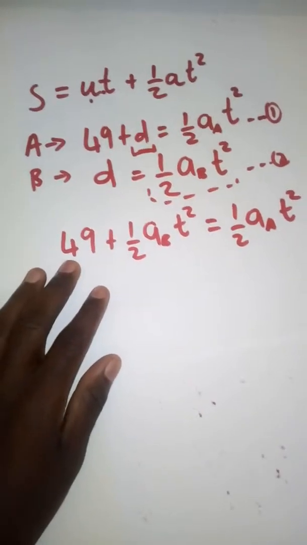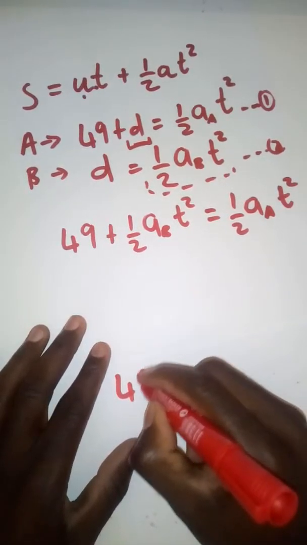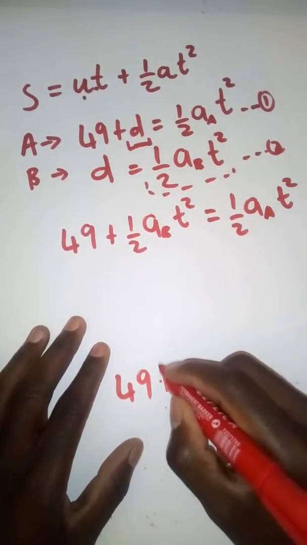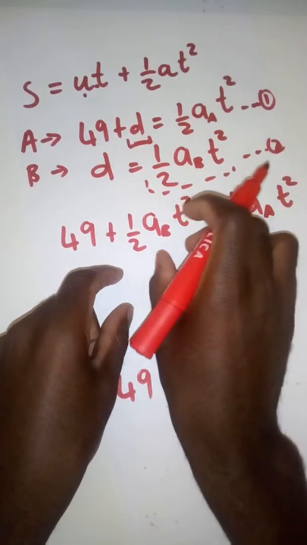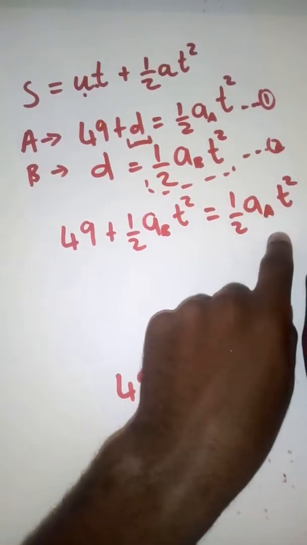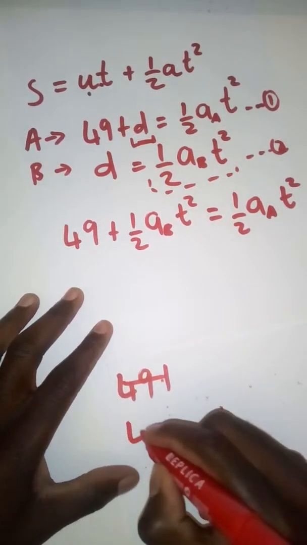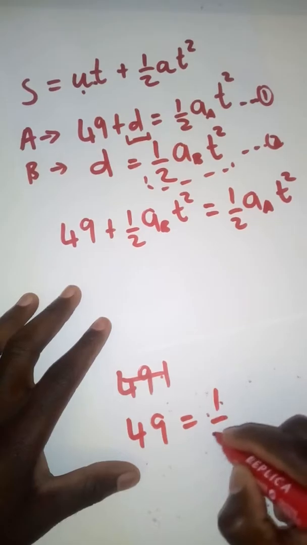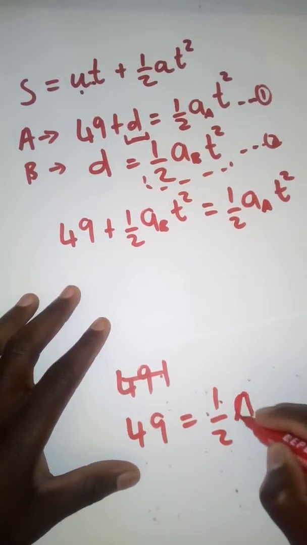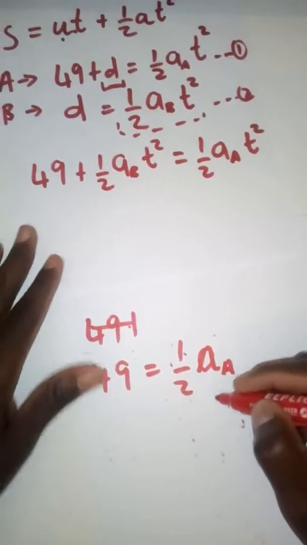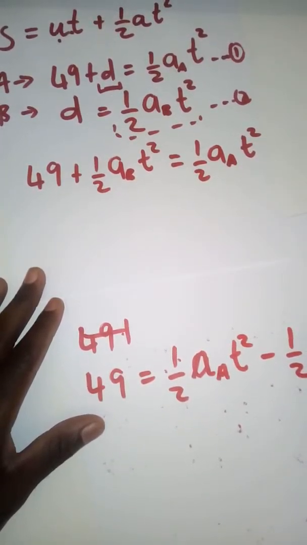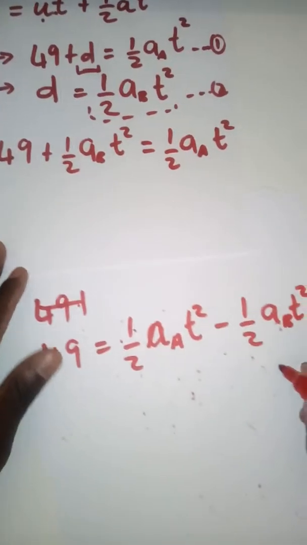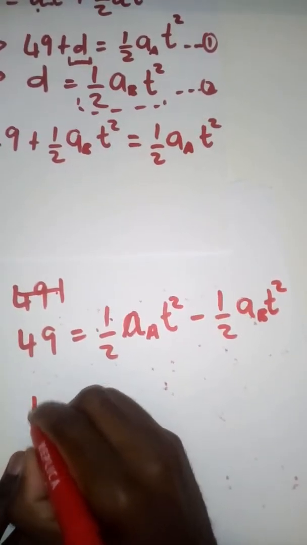Now let's move these terms to the other side. 49 is equal to 1 over 2 a_A t squared minus 1 over 2 a_B t squared.